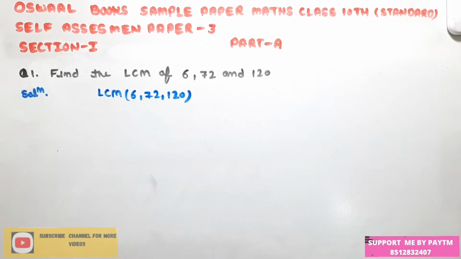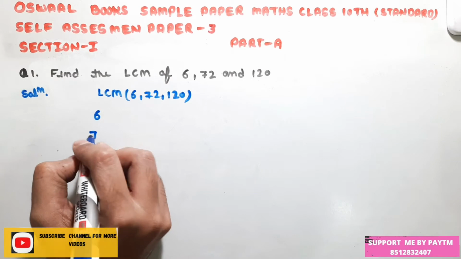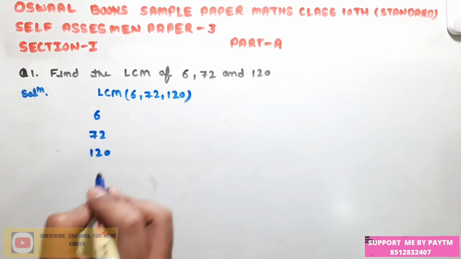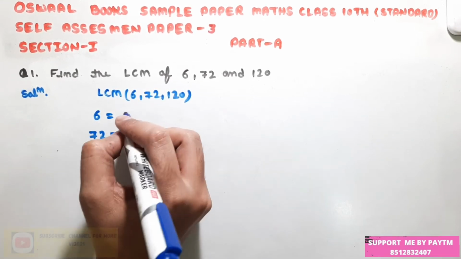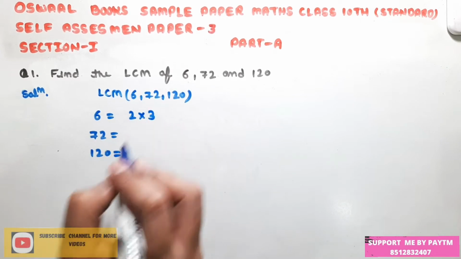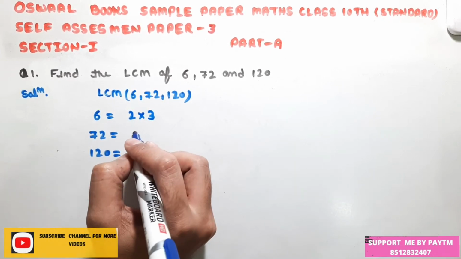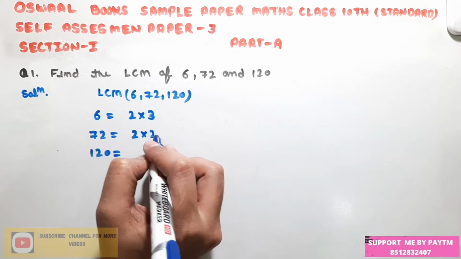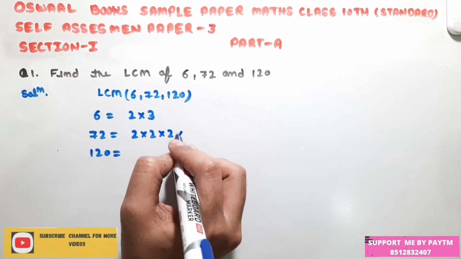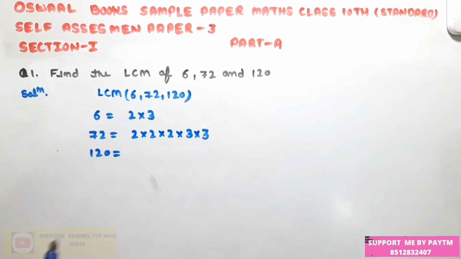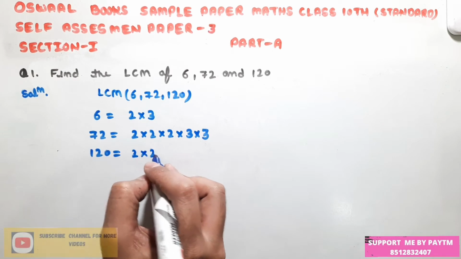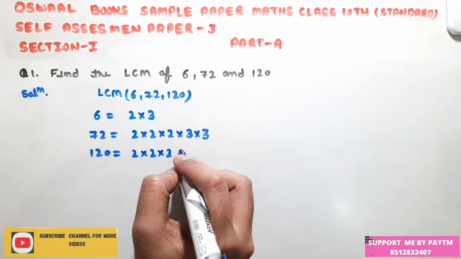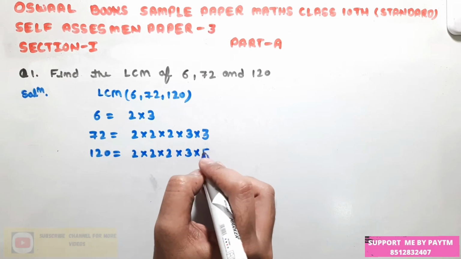Firstly, we will represent 6, 72 and 120 as a product of prime numbers. So 6 is 2 into 3. 72 can be written as 2 into 2 into 2 into 3 into 3. 120 can be written as 2 into 2 into 2 into 3 into 5.